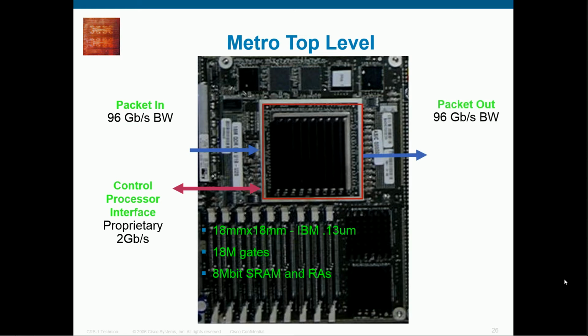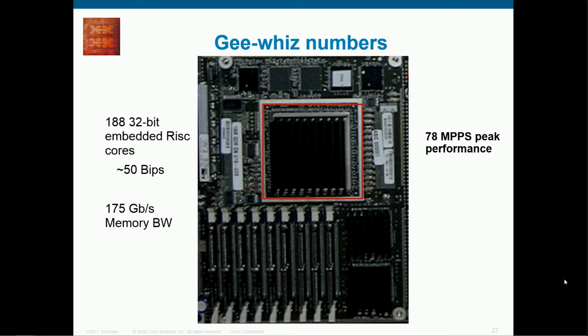This allows for, again, 96 gigabits of bandwidth, and our control plane will allow for 2 gigabits per second for proprietary information. But if we're talking about just straight packet switching, 96 gigs of total bandwidth. What about memory bandwidth?